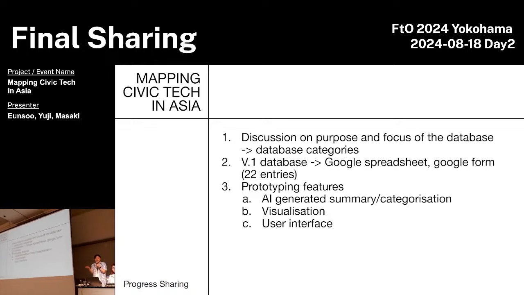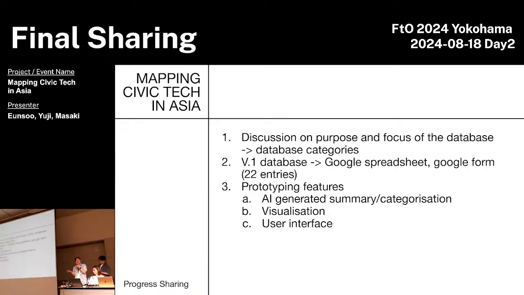After that we defined the categories of the database and we created a very draft-level version 1 database on Google spreadsheet, and we created a Google form. I don't know how many entries there are now, but when I last checked, there were 22 entries. So not a lot, but something to begin with.